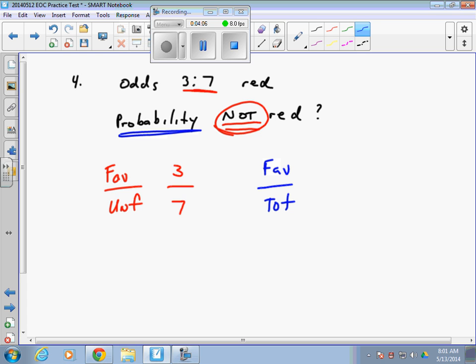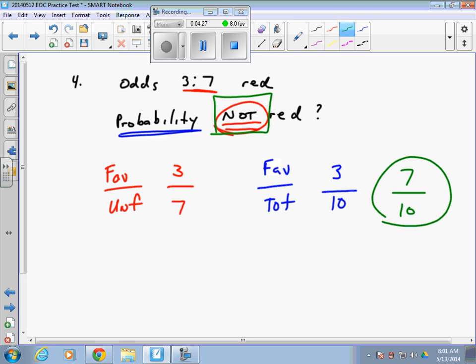So if there's 3 red ones and 7 not red ones, then that means there are 10 of them total. So picking a red one would be 3 out of 10. However, one more time, this doesn't say picking a red one. It says not picking a red one. So in order to not pick a red one, it'll be 7 of them that are not red out of 10. There's your probability, 7 out of 10.